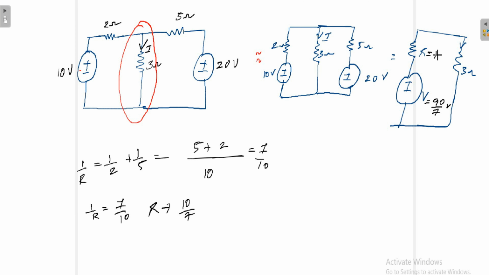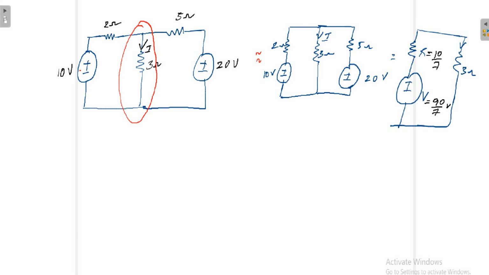It means that simply here you can draw like this: one voltage source, one resistor. Here this is your V value, 90 by 7, this is your R value, 10 by 7, and this is your 3 ohms.